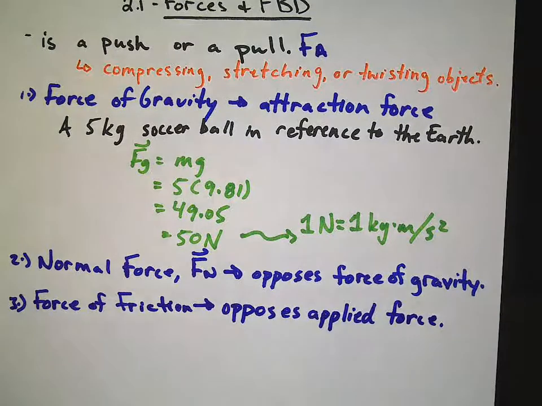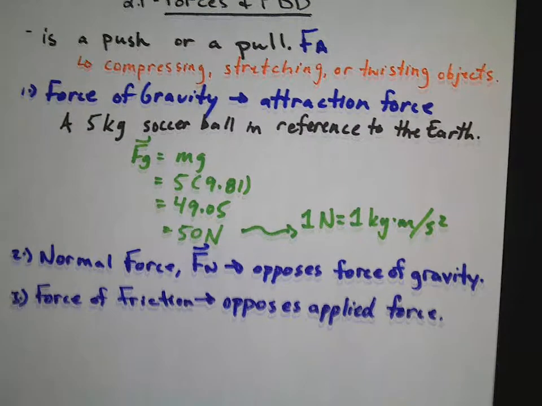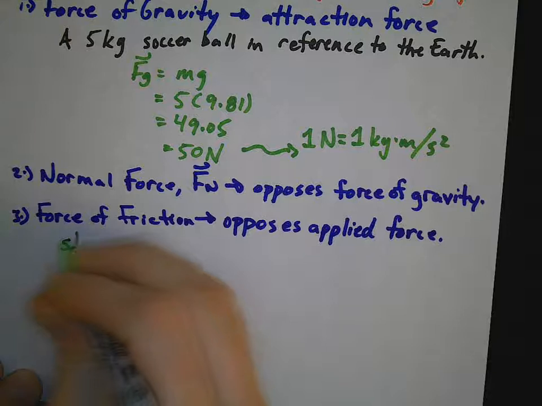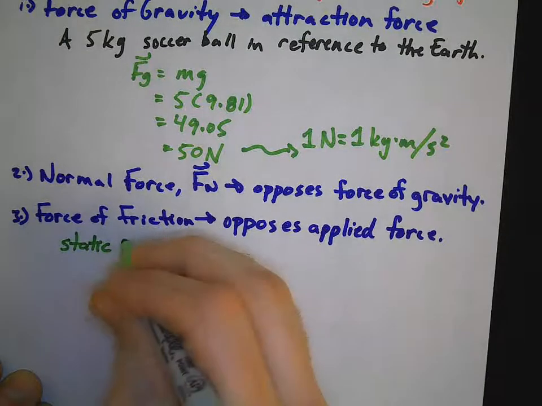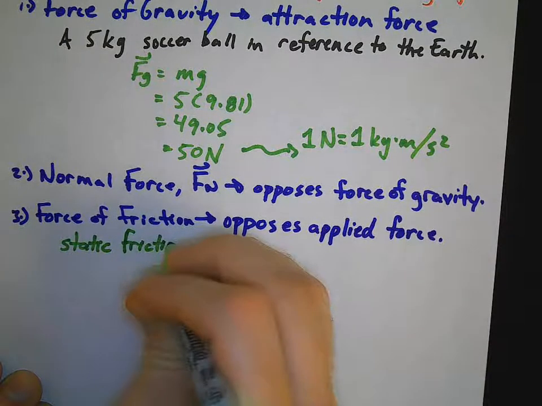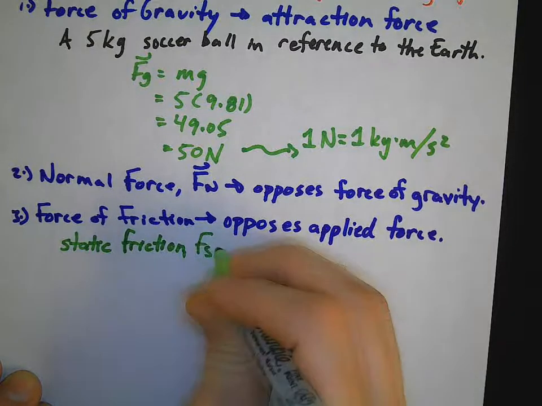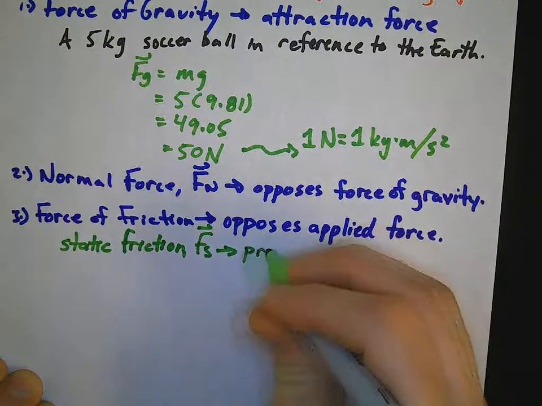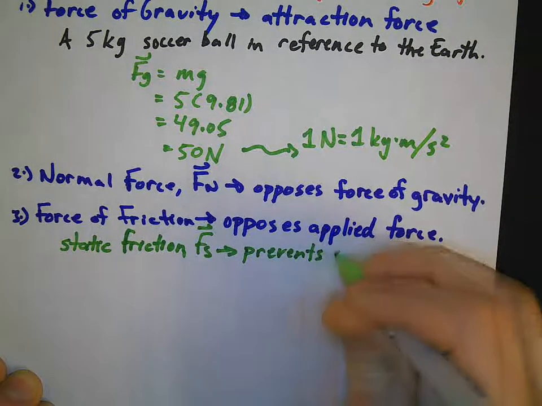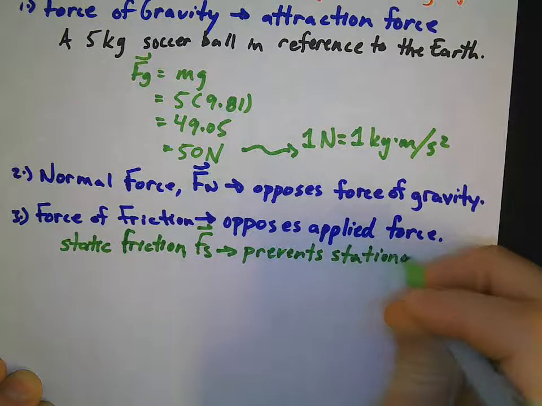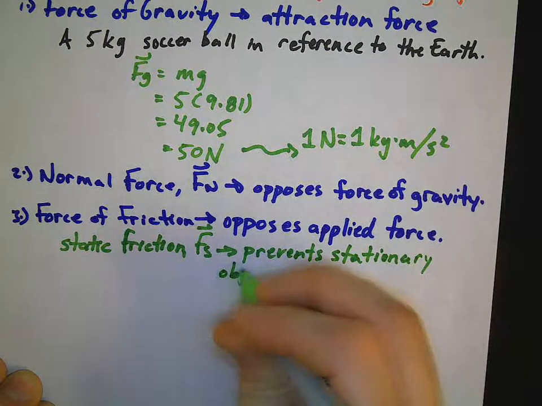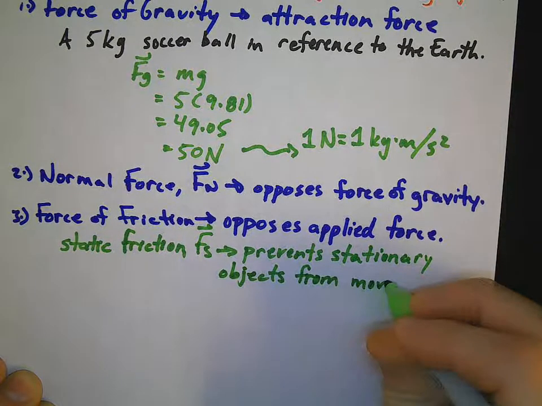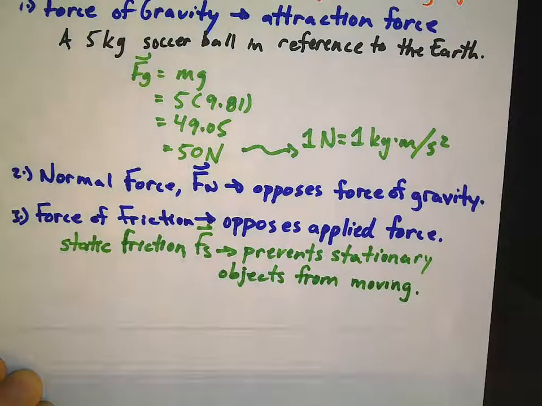And when we talk about the force of friction, there are really 3 main types of friction that we'll see. First one being static friction, Fs, and that prevents stationary objects from moving. That's one type that we have.